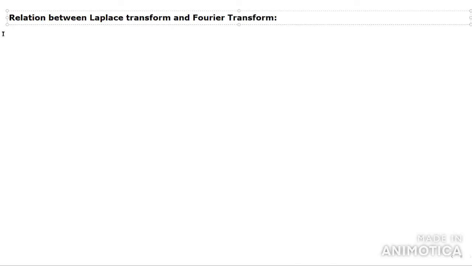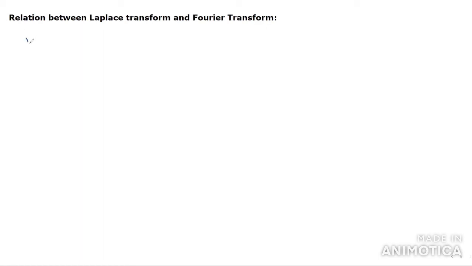I'm considering my Fourier transform equation. What is my Fourier transform equation?